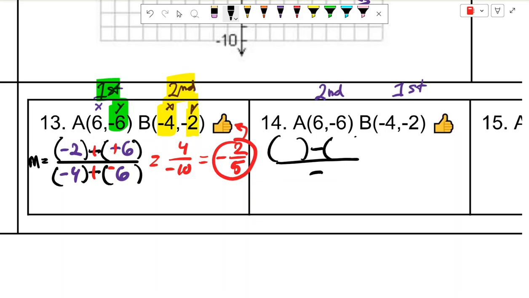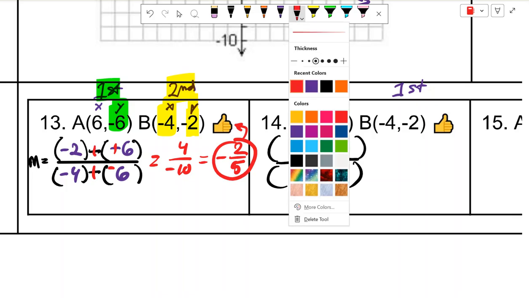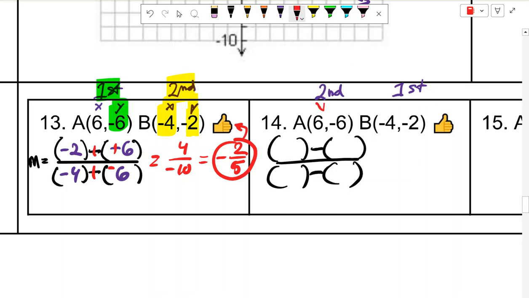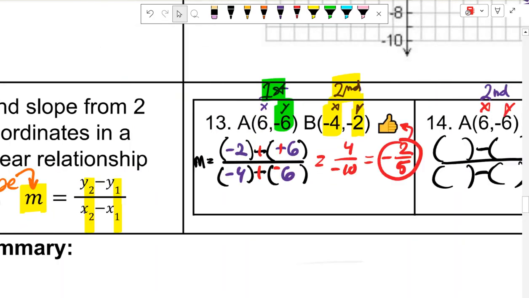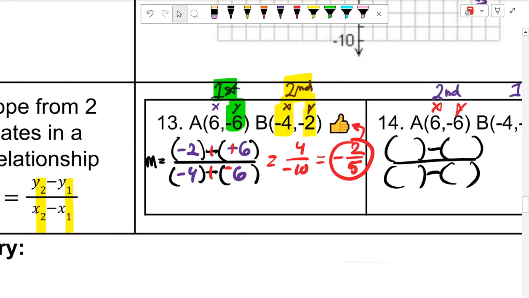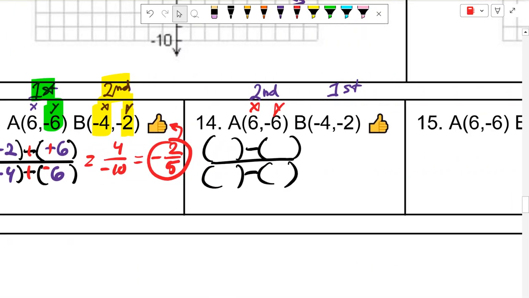Put your parentheses there and start filling in things very carefully. So we can see that this is an x here, and this is a y. Those are our second numbers. So our second numbers go first. Remember the formula? Okay, our second numbers go first. So we're going to go -6 and 6.